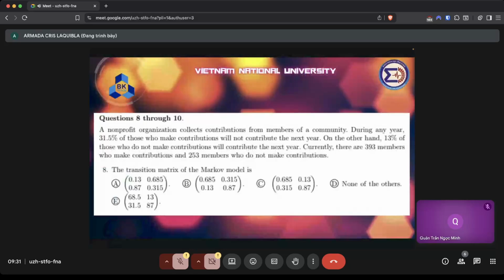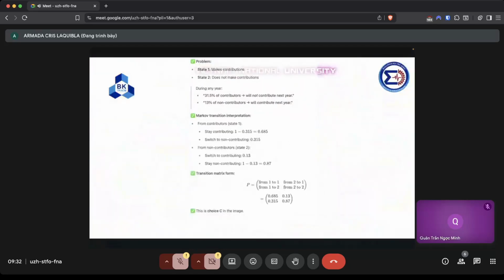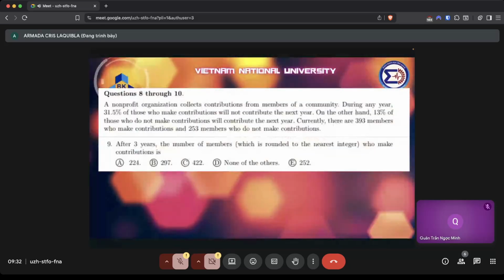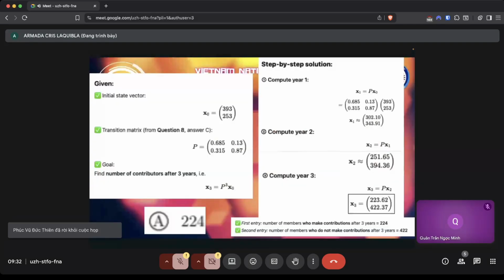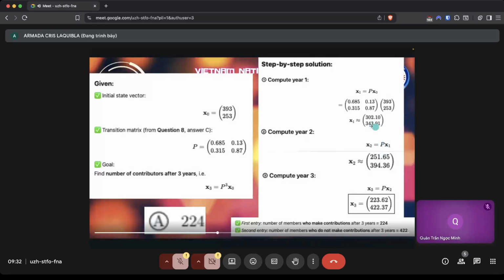If you're done with the X2, you can stop solving up to the top of your X3. Then you might ask, can we just solve the top value for X1 and the top value for X2? No. You should get the lower value, because you're going to multiply that with P again, and you need the lower value in your X1, and also the second row value in your X2.